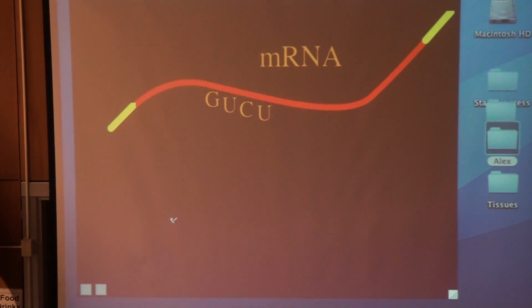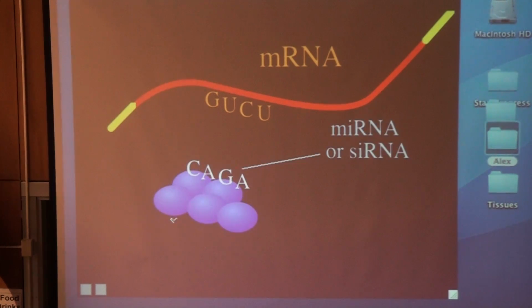So to illustrate here, if the cell wants to not express this particular mRNA, it has an miRNA that's complementary in sequence to it, and that miRNA first has become attached to either a blocking protein or a degrading enzyme. And so these two molecules work as a team.